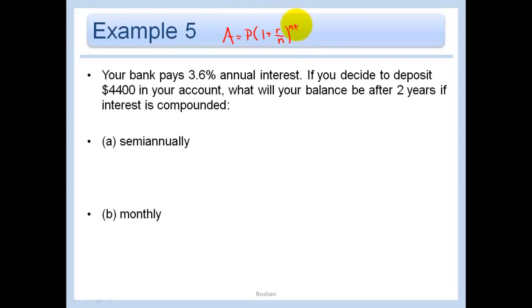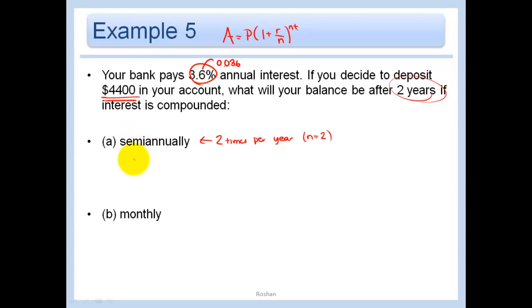Okay, your bank account pays 3.6%, in other words, 0.036 annual interest. If you decide to deposit $4,400 in your account, what will your balance be after 2 years if interest is compounded? First of all, they say semi-annually. Semi-annually means 2 times per year. In other words, our N is equal to 2.